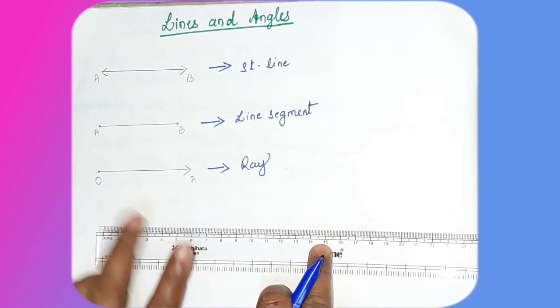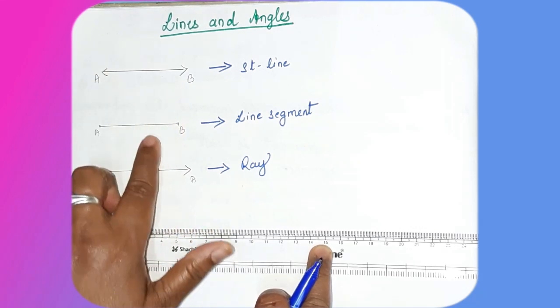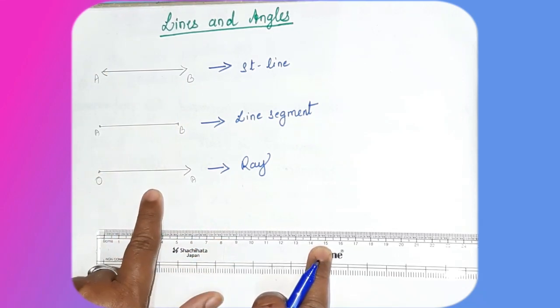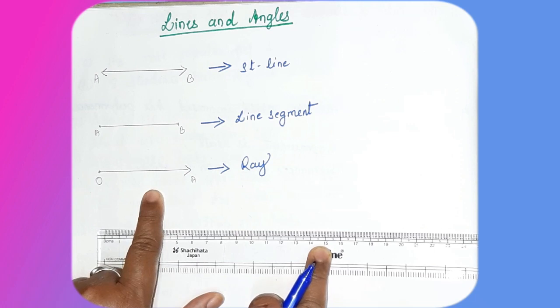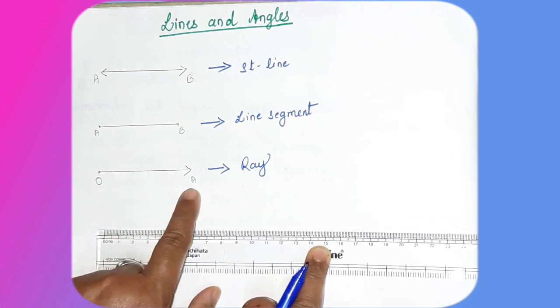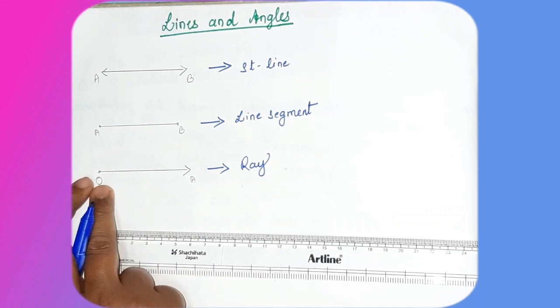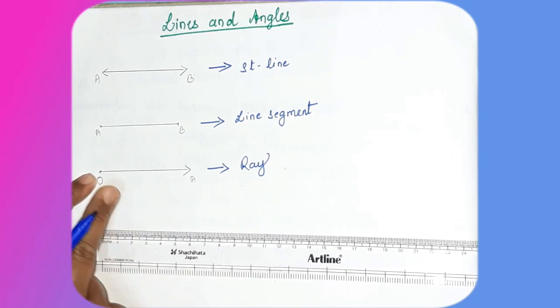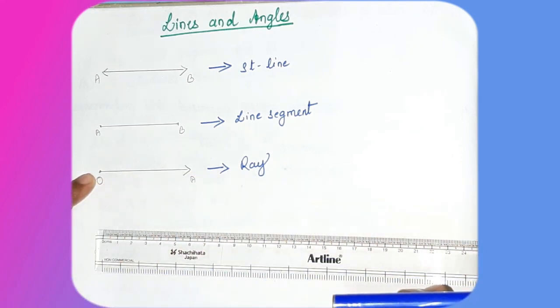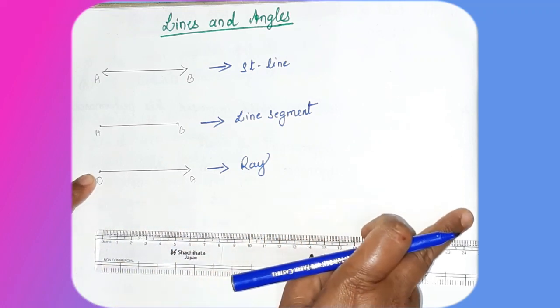See here, you observe two directions or two arrow marks here. Here no arrow mark. Here one arrow mark. This is for your reference. I am just telling you how to recognize these, how to remember this. Ray has just one direction. It arises from one point and goes in one direction. That means we can extend this line in one direction.